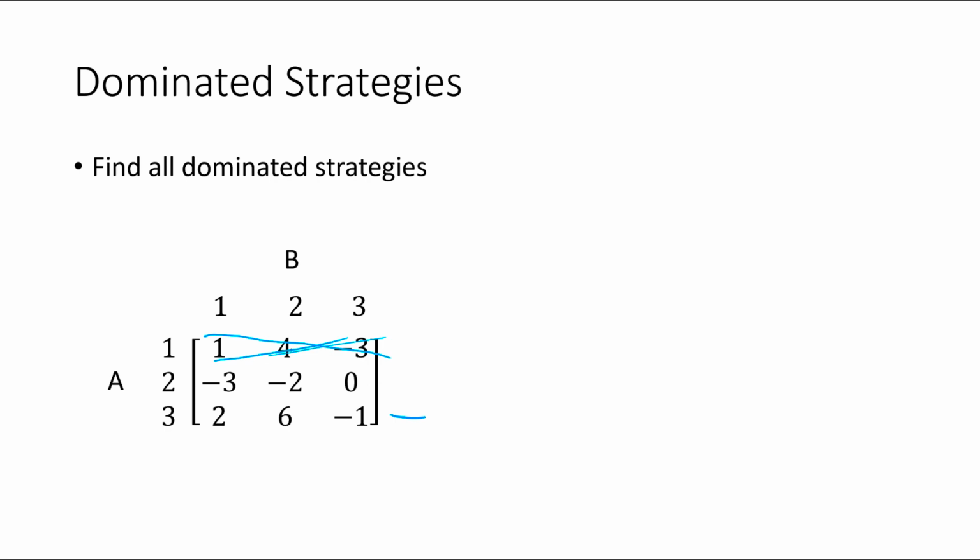Last comparison here is row 3 and row 2. 2 is bigger than -3, 6 is bigger than -2, -1 is not bigger than 0. So the only domination we have here is row 3 dominates row 1. So we would remove row 1 from our matrix.